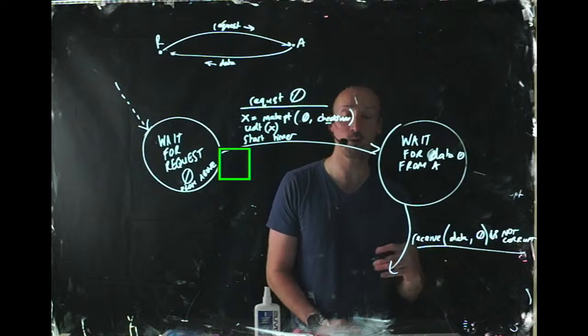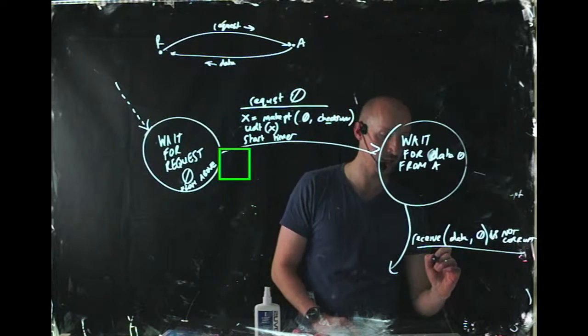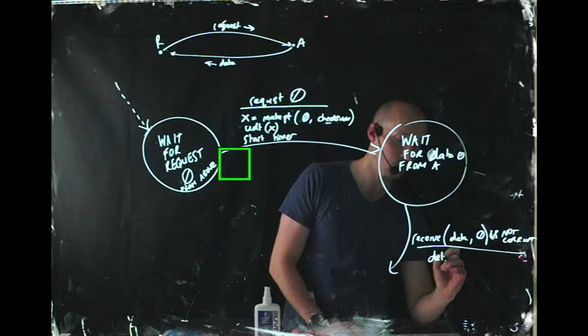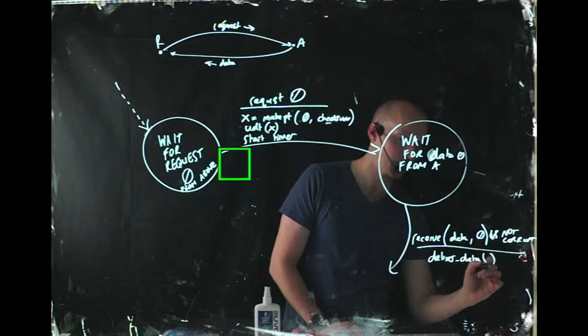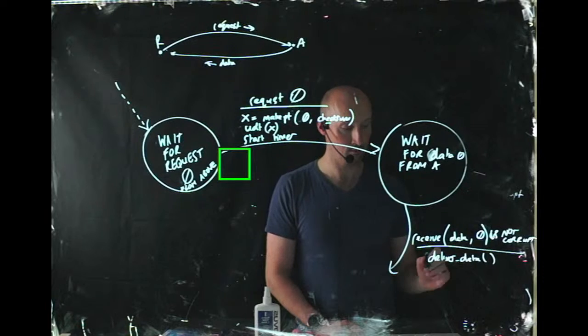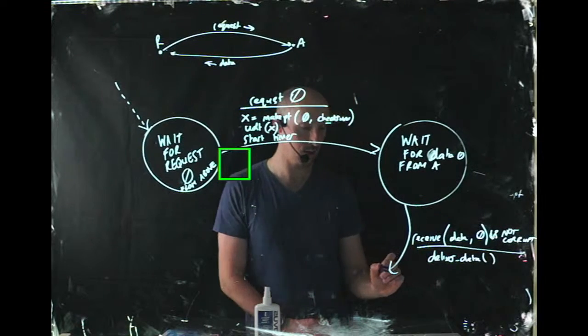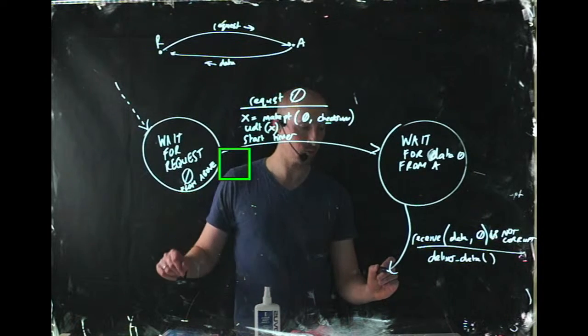Once we receive the data, we need to deliver. That was the one thing you were told: deliver data up to the application layer. So we deliver data to the application layer above, and that's it. And we move down to wait for request 1 from above.